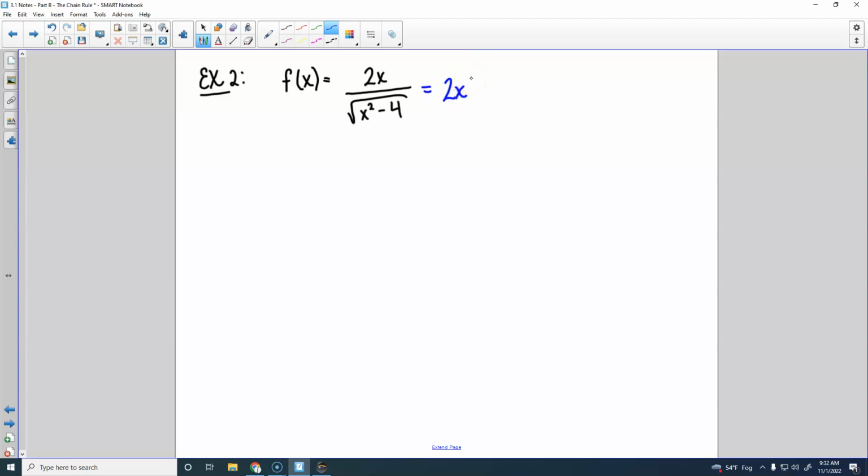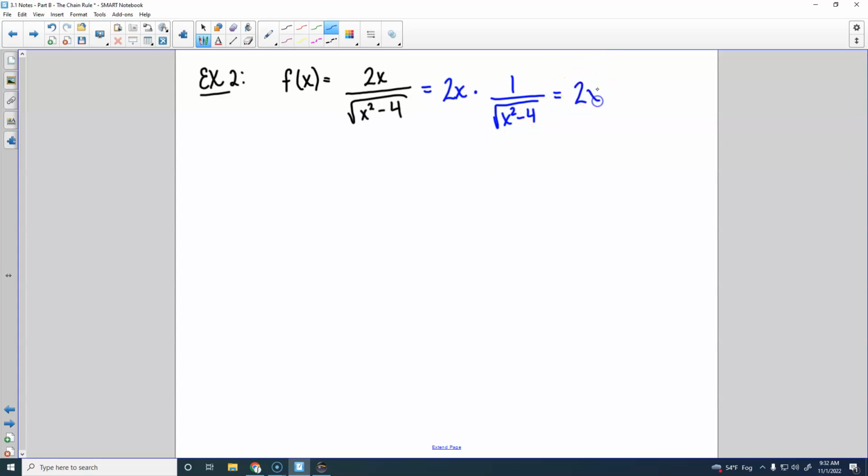Two x times what? You would still have to use quotient. Well, let me write the way you just told me, like this, 1 over root x squared minus 4. Okay, so you would still have to use quotient rule on that second part. You'd use product rule, but you have a quotient rule right here. Perfect.